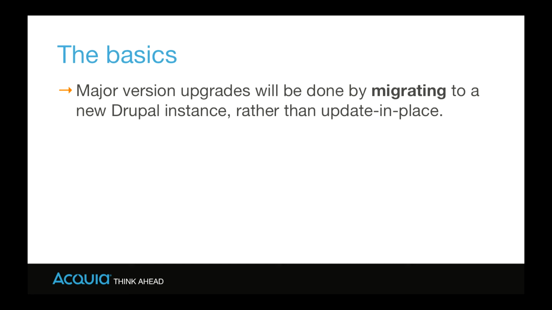The feeling is that we can have a more stable and also more customizable upgrade process. And also, this enables us to go directly from Drupal 6 to Drupal 8 without having to go through Drupal 7. Because in the old update process, you always had to go in order. You couldn't skip a version, you had to update through intermediate versions.